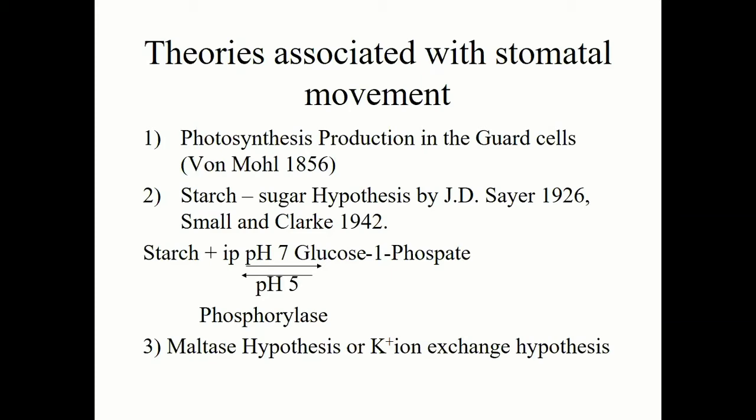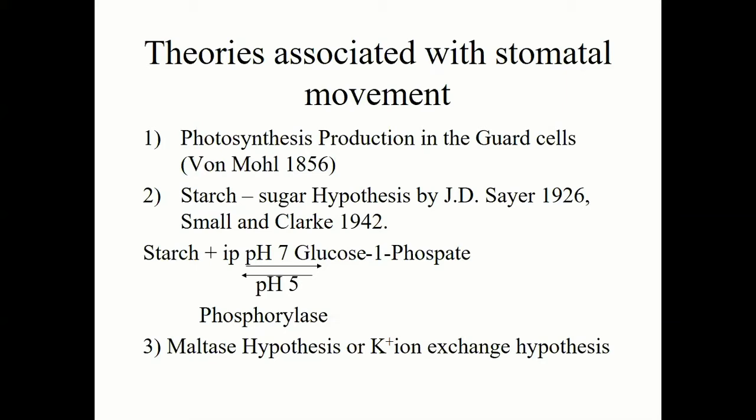And then the second hypothesis that is proposed is the starch sugar hypothesis. This hypothesis is also based on the same idea, but it explains how the change occurs in a guard cell. As per this hypothesis, there is already a presence of starch molecules inside the guard cell because of the presence of chloroplast.